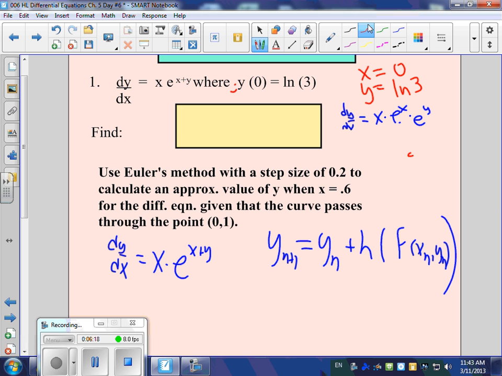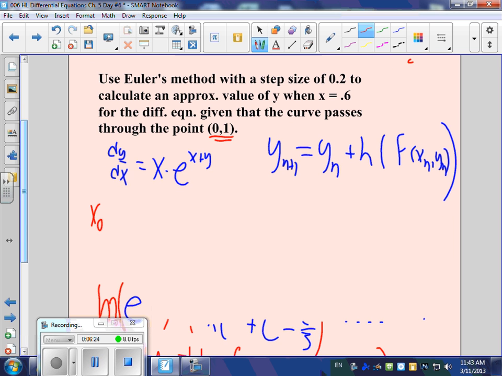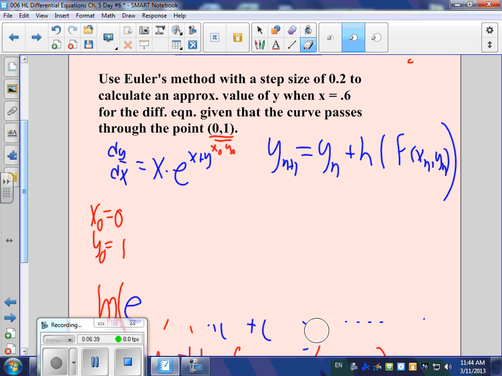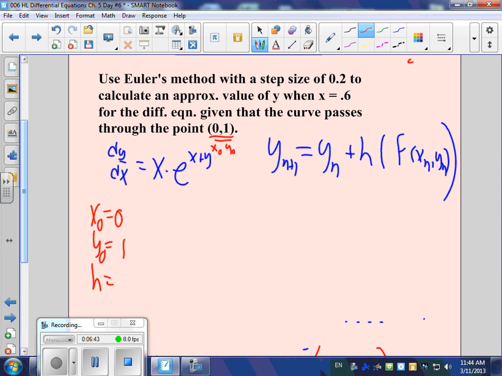What we're going to do is start at x0 equal to 0, and then y0 is going to be what? What's y0 equal to? Starting point 1, yep. Then h is equal to 0.2. That's my step size, h.